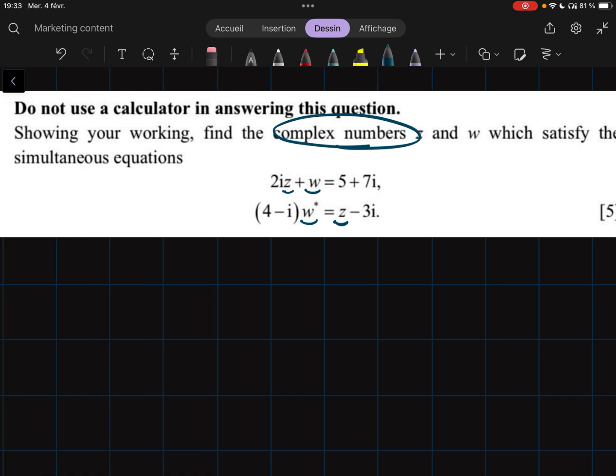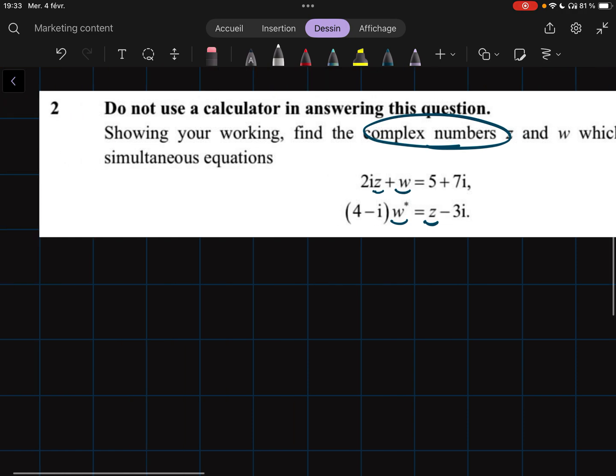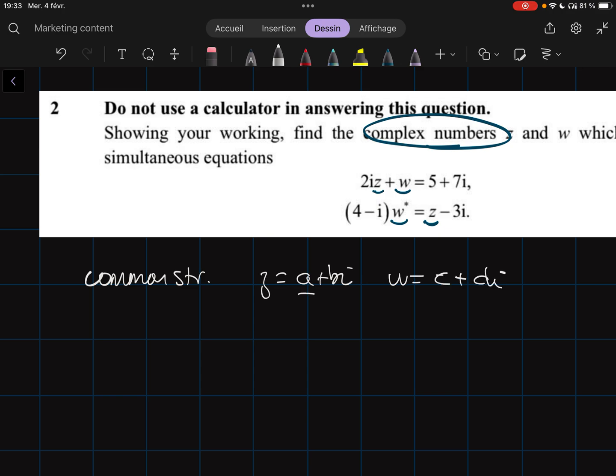The idea behind this, there are two common strategies that you would use in these kind of questions. The common strategies are either brute forcing through all of this, obtaining four equations in four unknowns, or you isolate one variable, exactly the same way you would do when solving a typical set of simultaneous equations.